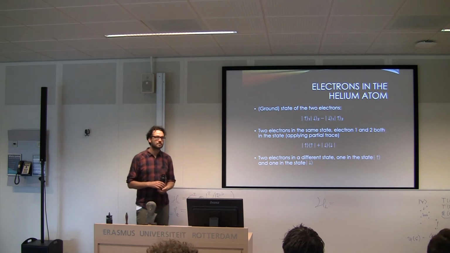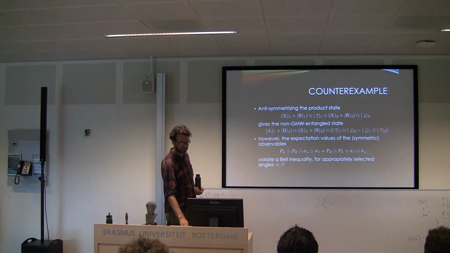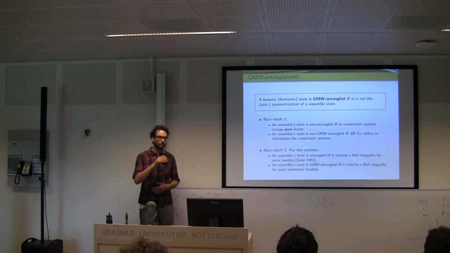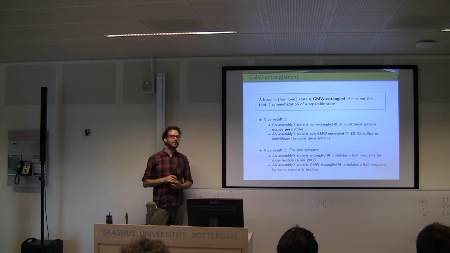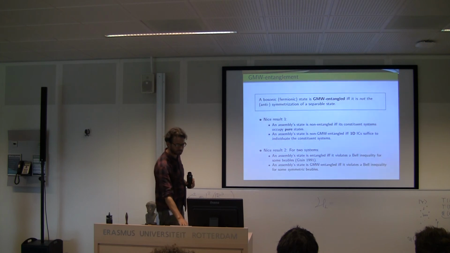About the GMW stuff, I guess the physical motivation for the definition originally is, well, if we've got symmetrization or anti-symmetrization, that's a cheap way of getting entanglement, but surely when we are doing the Bell experiments, that's not cheap entanglement, it's really something going on there, let's try and characterize that. And then mathematically, okay, this is a nice result too.